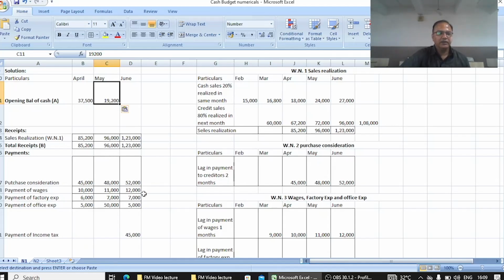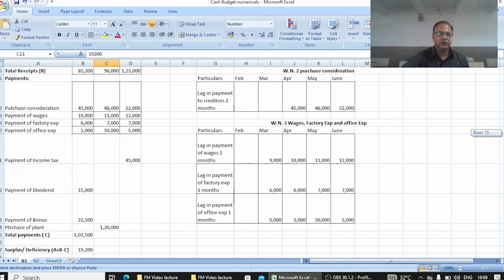Now again 19,200 plus 96,000, it will be 115,200, and at the same time if we add these figures 48, 11, 7,000, 50,000, and 120,000.